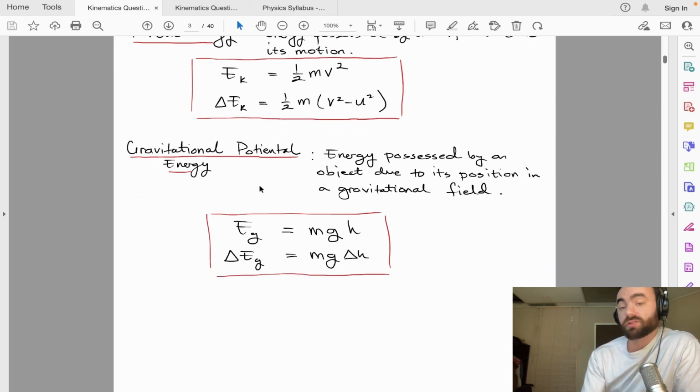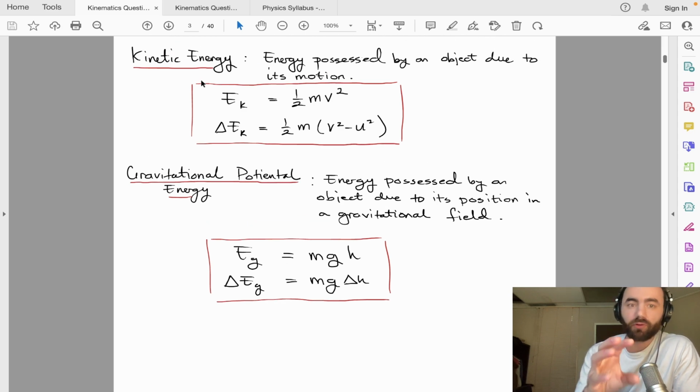Gravitational potential energy is the energy possessed by an object due to its position in a gravitational field, and that's equal to mgh. These are very important energy equations, because all objects are moving and are at some position in some gravitational field. So these two are fundamental to energy calculations.